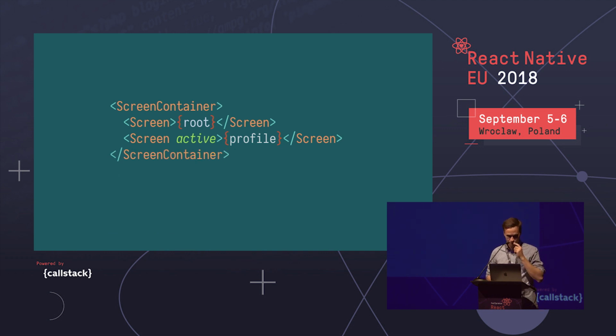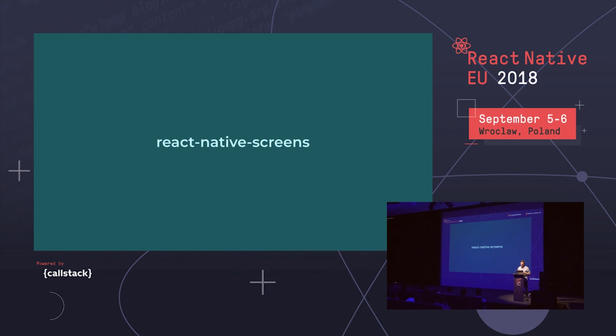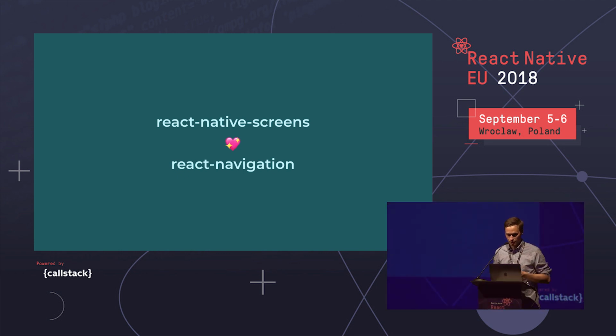Cool. So I just described to you the whole API of the new project I call React Native Screens. We started it a few months ago, and it's ready by now. You can use it with React Navigation. The integration was very easy because we just swapped out some of the views for screen containers and screens.